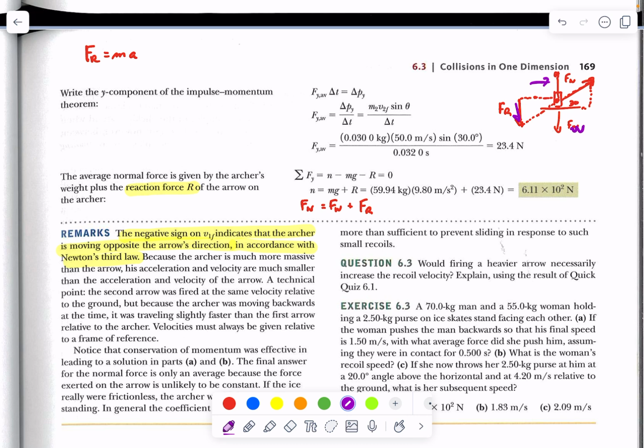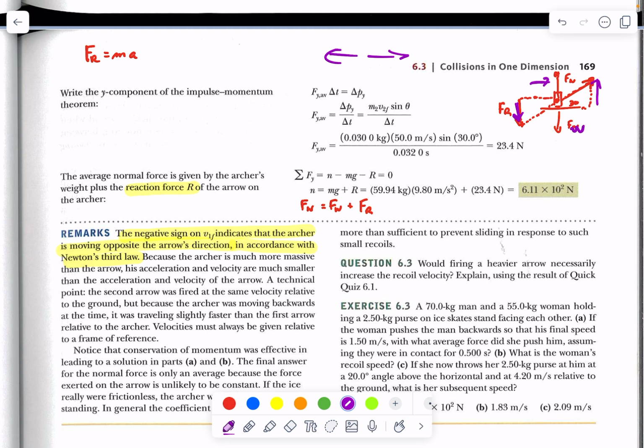We were already looking at the horizontal components of momentum, but now we have a downward and upward component. There's going to be the upward component because we're firing the arrow into the air, and so there's going to be the pushback downward here, which is going to affect my normal force. And so that's where we get this equation right here.